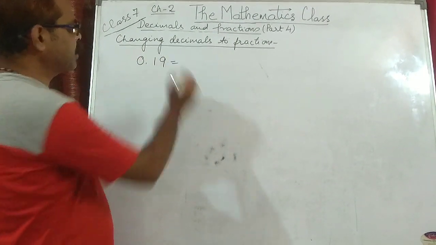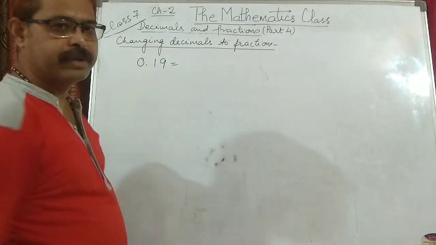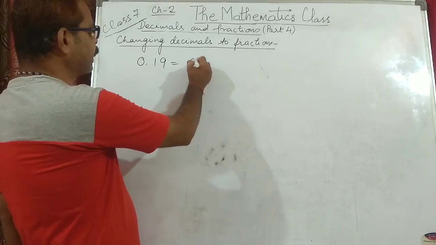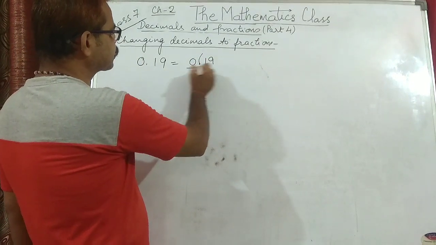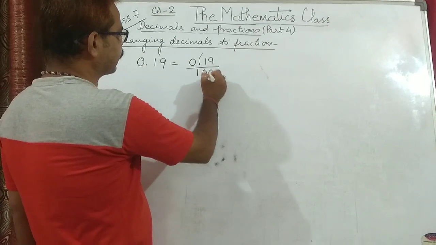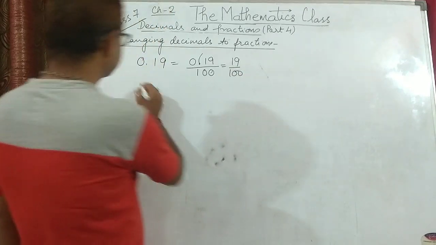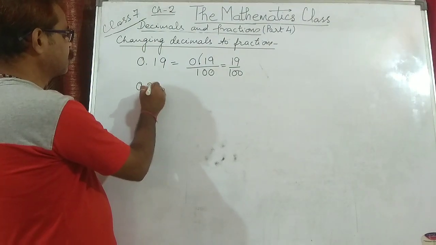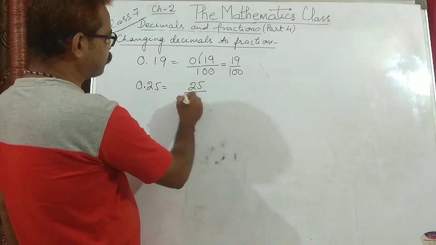So let's take a number 0.19. Suppose you have to write it in a fraction form. It's very simple. Remove this decimal and there are 2 digits, so you will divide it by 100. So it is 19 upon 100. Or 0.25 can be written as 25 upon 100.